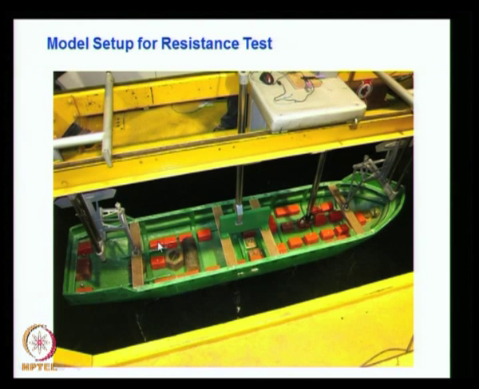For which you can see the red items here, which are the weights placed inside the model to get the required displacement. Once you know the displacement of the ship, which you usually get from hydrostatics, you know the displacement at the design water line, and that divided by lambda cube will give you the displacement required for the model.